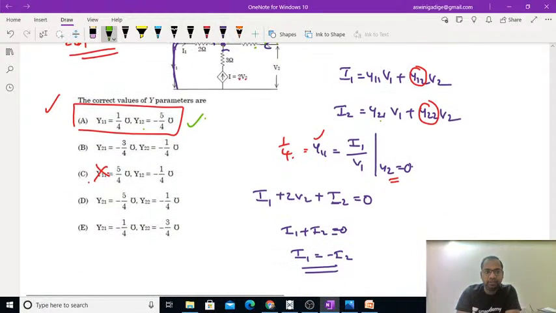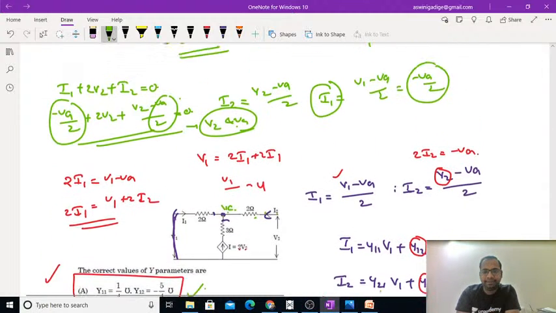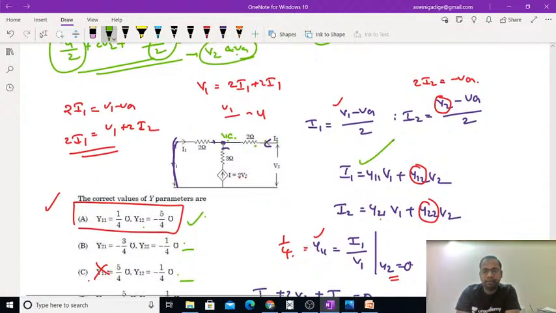Then out of these three, one thing will be corrected. So let's try yourself, guys. Find out Y11, Y12, Y21 and Y22. Here I already found Y11 and Y12, and next try to find Y21 and Y22.